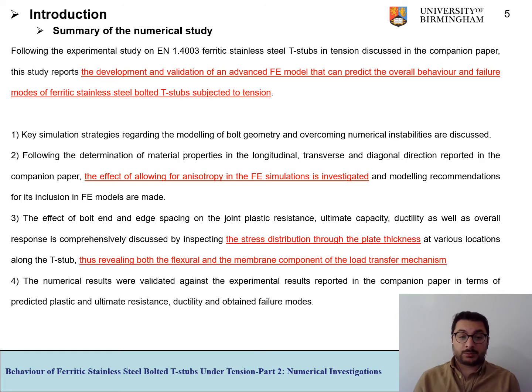The stress distribution through the plate thickness at various locations in T-stubs has been reported, thus revealing both the flexural and the membrane components of the load transfer mechanism. The numerical results were validated against the experimental results reported in the companion paper in terms of plastic resistance, ultimate resistance, ductility, and obtained failure modes.